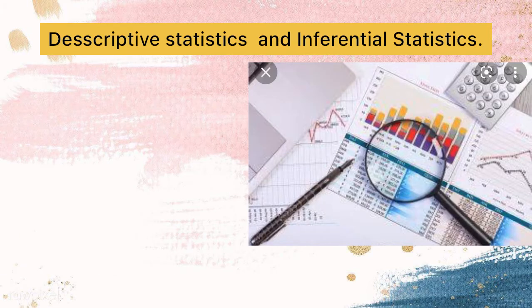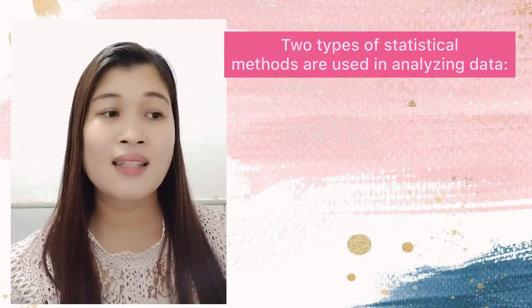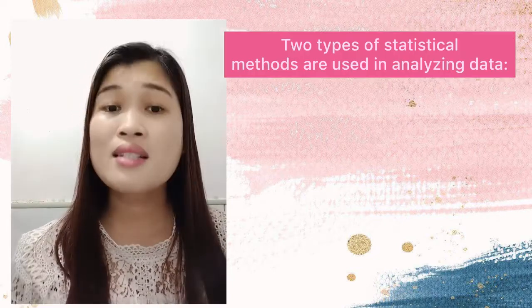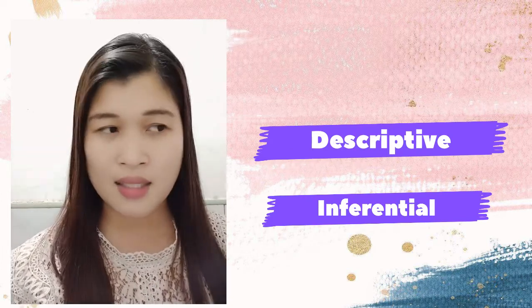They can then use this observed characteristic of a sample data, which are properly called statistics, to make inferences or educated guesses about the unmeasured characteristic of the broader population known as the parameters. Two methods are used in analyzing data. These are descriptive statistics and inferential statistics.